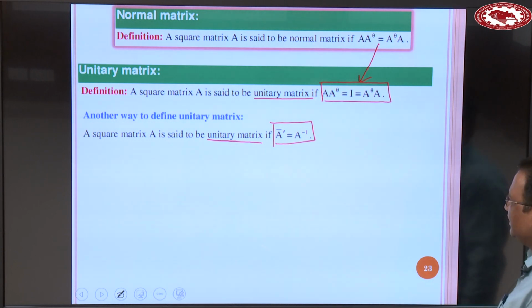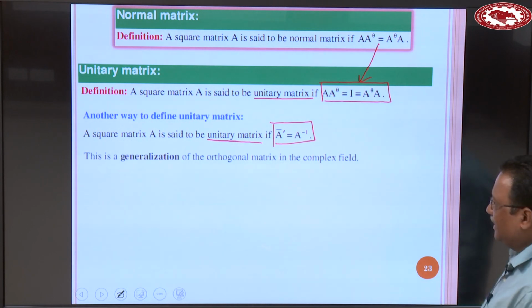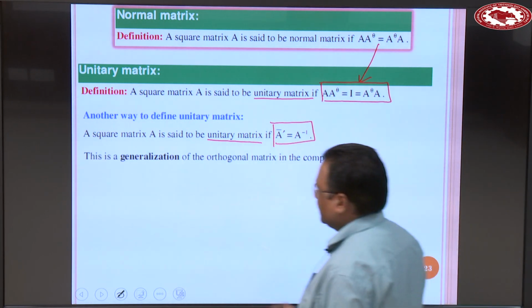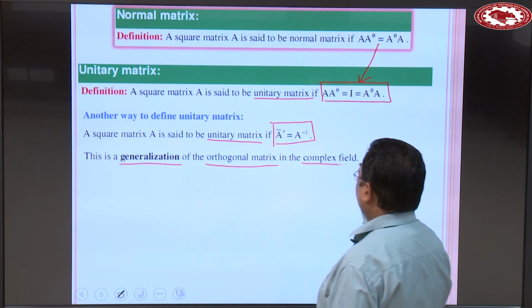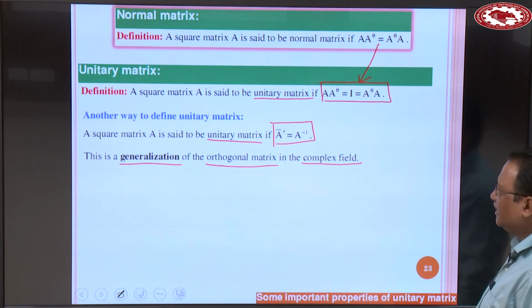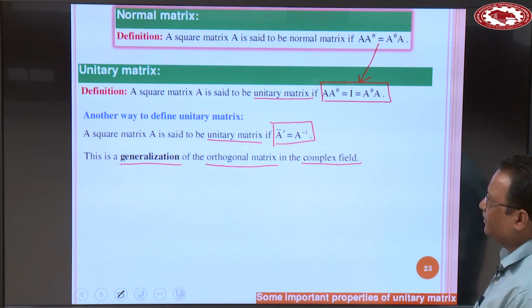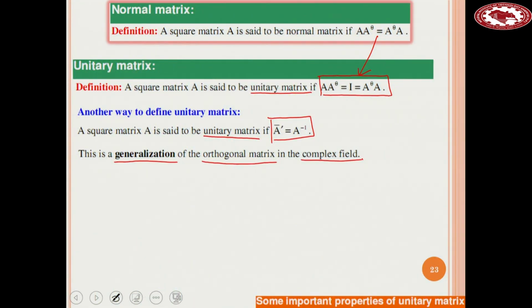This is the definition of a unitary matrix, and it is the generalization of the orthogonal matrix in the complex field. So, these are the important definitions: normal matrix, unitary matrix and orthogonal matrix.